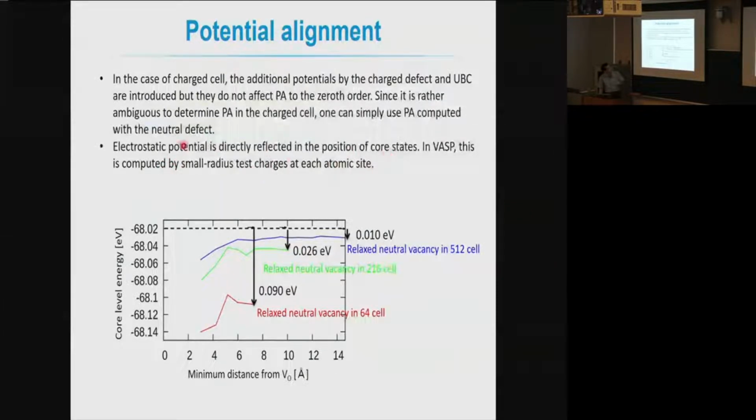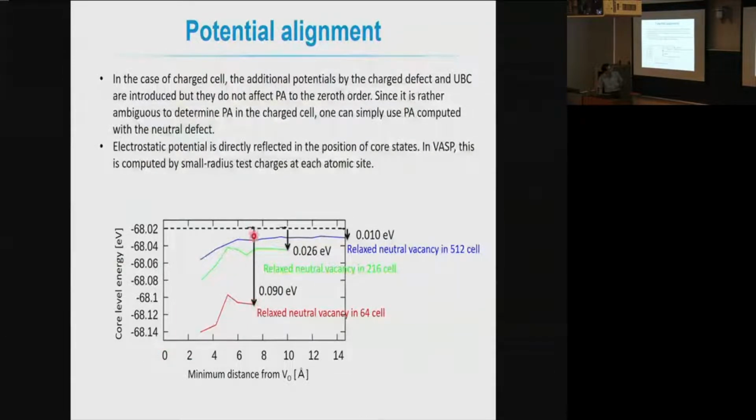So in the VASP calculator, you will learn in the next class how to get these numbers. But by looking at these potential values at the core state, you can actually trace this potential variation at each atomic site. And so, for instance, if you have this 64 supercell, the smallest supercell that we have, in this case, is away from the defect.